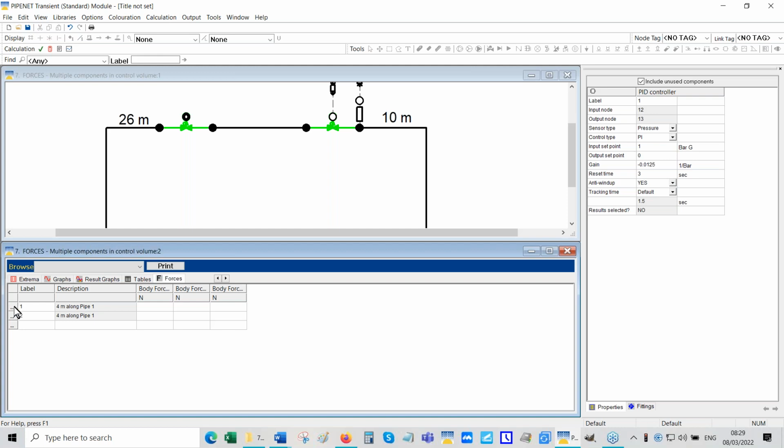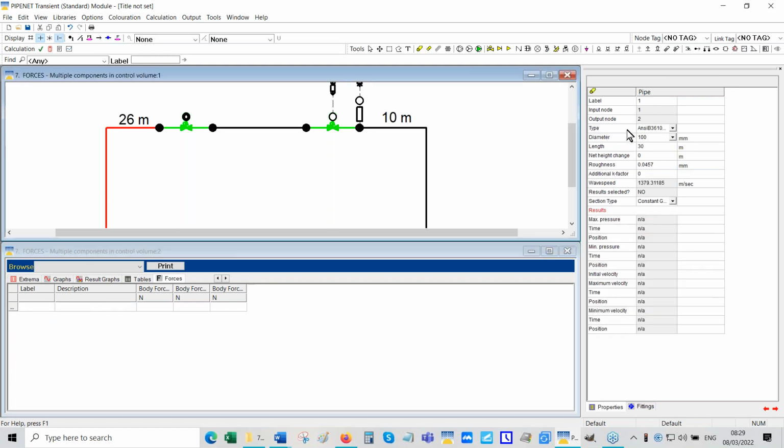I will delete these forces and I will define the control volume. See, this pipe here is 30 meters long, and that length is 26. So this elbow here is 4 meters from the inlet of the pipe.